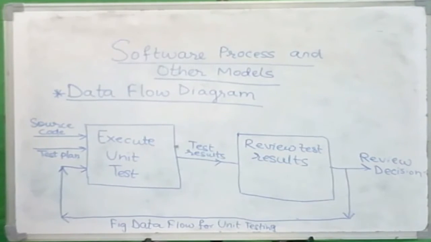There are some interpretations regarding the data flow diagram. Boxes are processes. In some books you will find circles to represent the process, and they must be verb phrases. Arcs represent data and must be labeled with noun phrases.